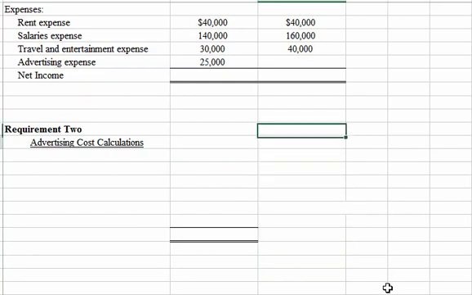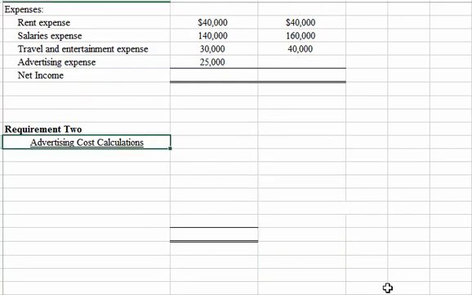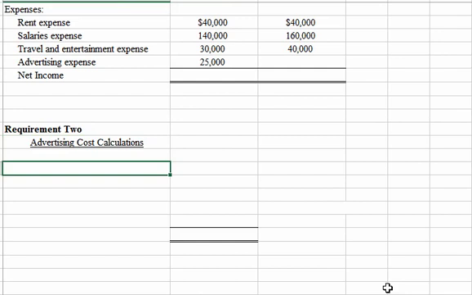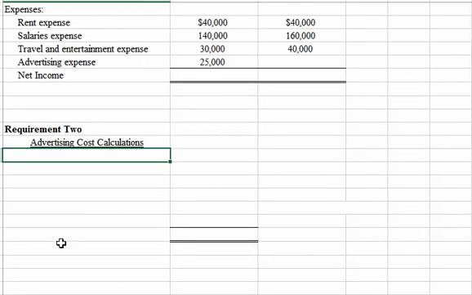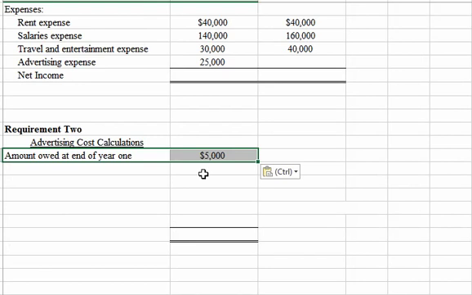Okay, I made a space here for advertising cost calculations. And first, we're going to enter the amount owed at the end of year 1, which was $5,000. I hope you're with me there.